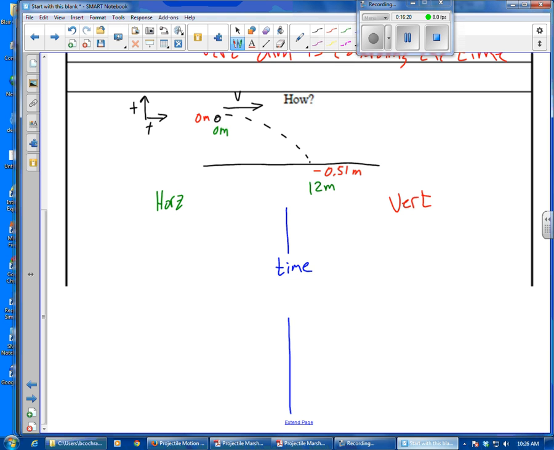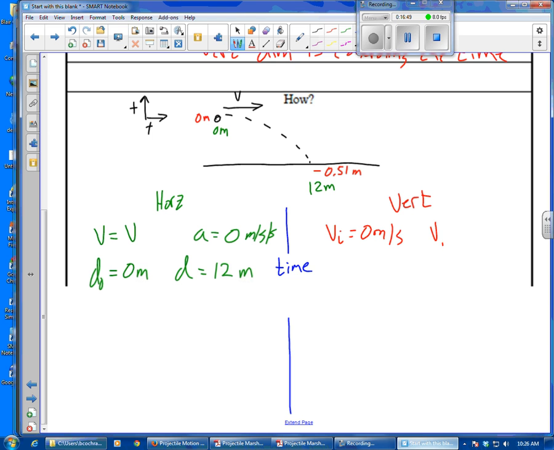Let's see. Horizontally, its velocity is v. Acceleration is 0 meters per second per second. Its initial position, d0, is 0 meters. It ends up at 12 meters. That's all I know. Vertically here, my initial velocity is 0 meters per second.